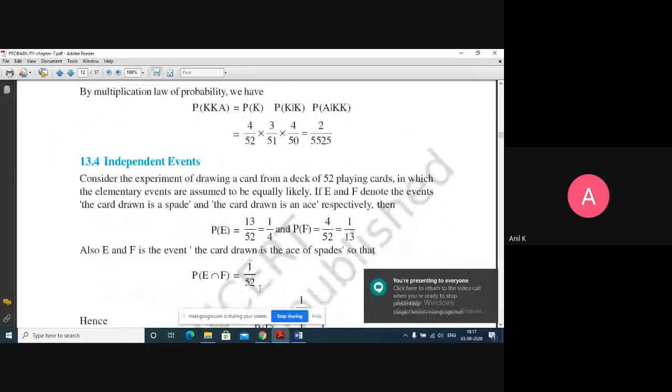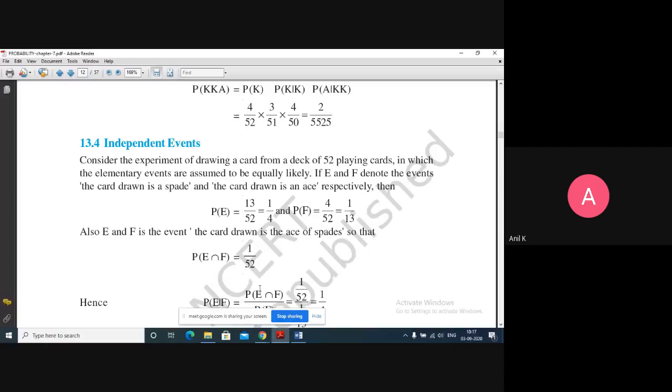Okay. Next we have independent events. Let's see what we mean by independent event. Independent means which does not depend on anything. Consider the experiment of drawing a card from a deck of 52 playing cards in which the elementary events are assumed to be equally likely.